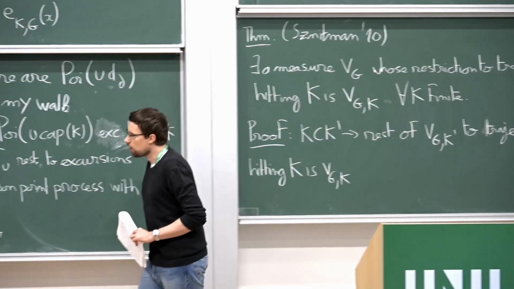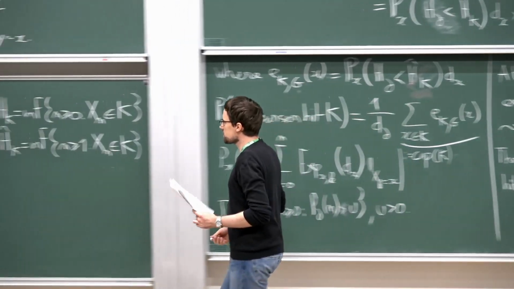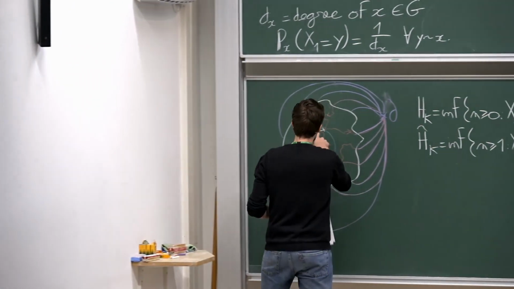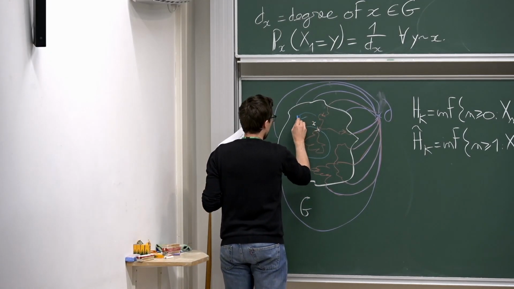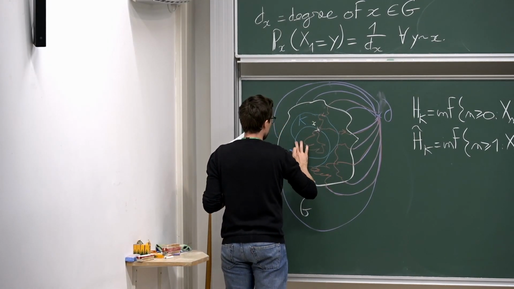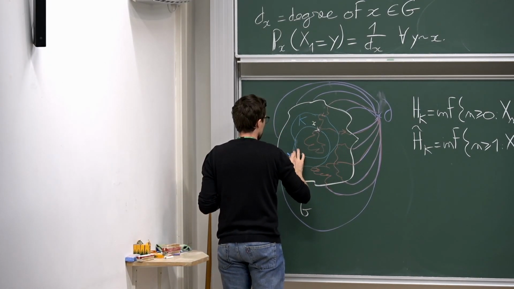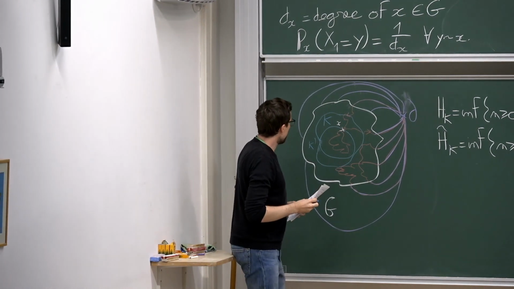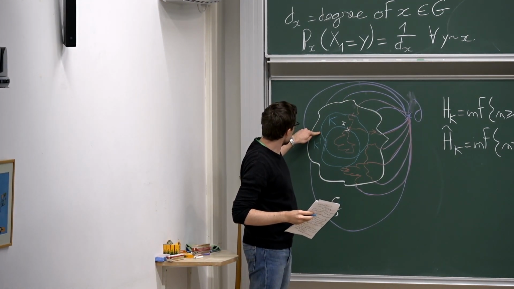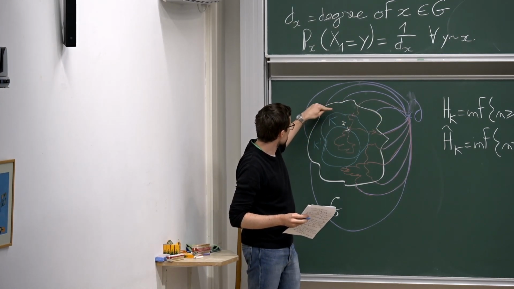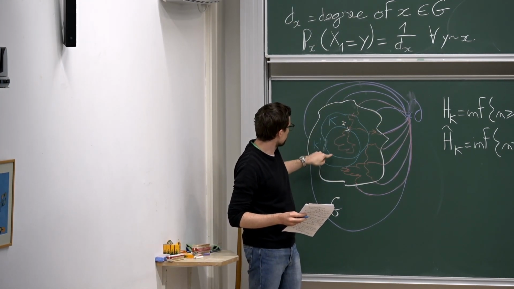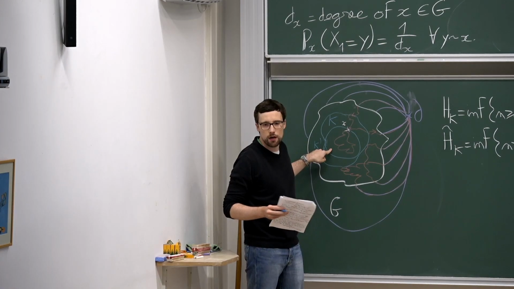Well, on a finite graph, I know this is true because, let's say I have another set here, K prime. I know that my nu GK prime is the intensity measure of my walk restricted to K prime, and nu GK is the intensity measure of the walk restricted to K, right?